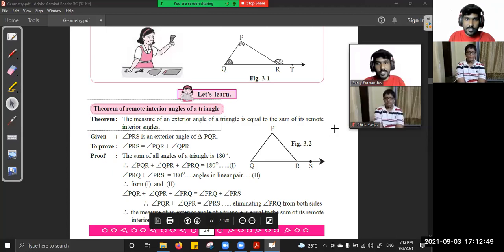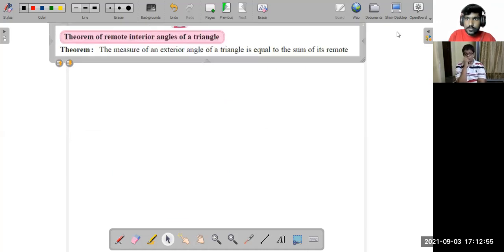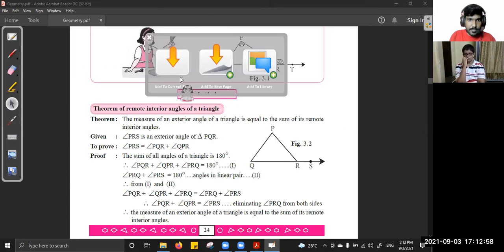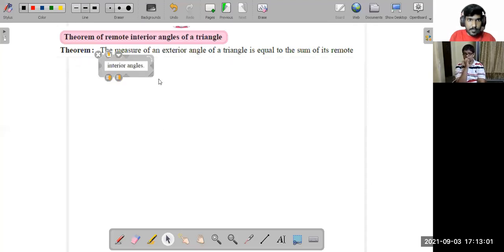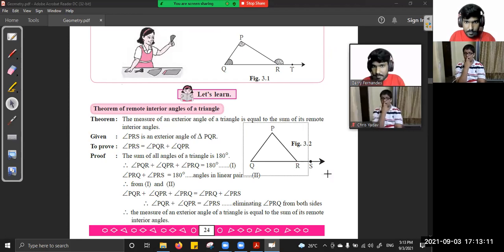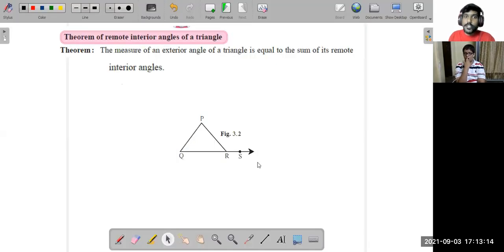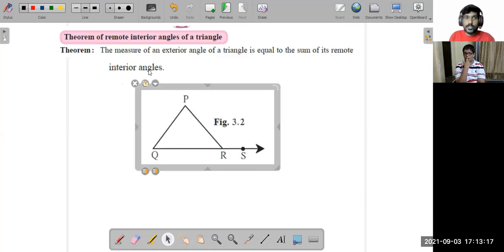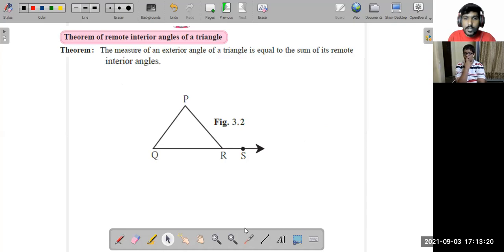Now, this theorem says that the measure of an exterior angle is equal to the sum of its remote interior angles.